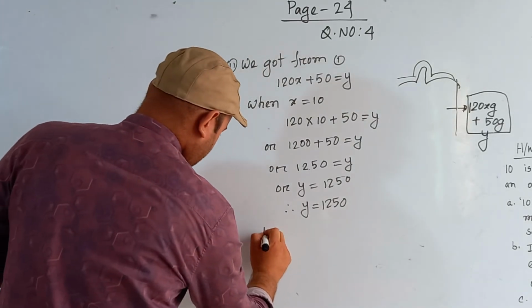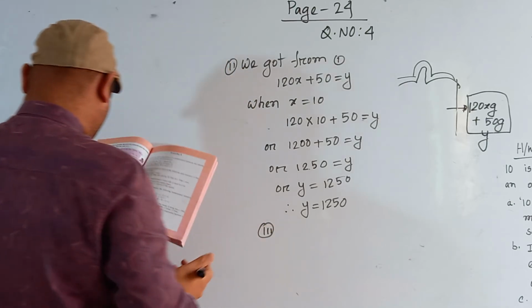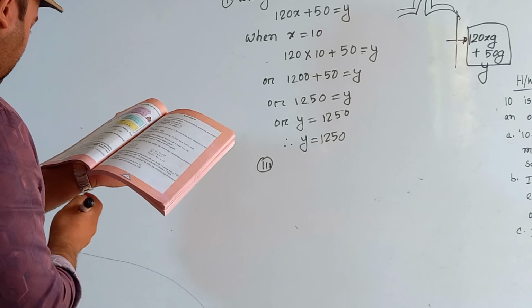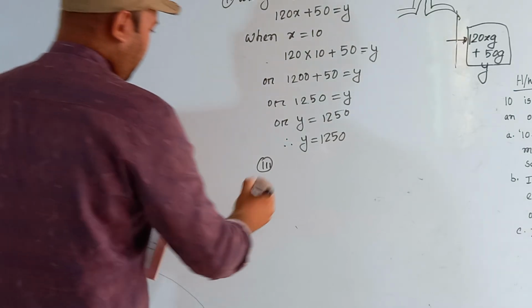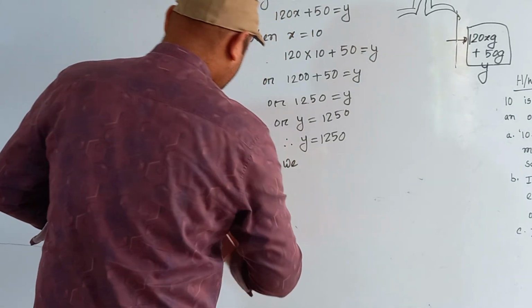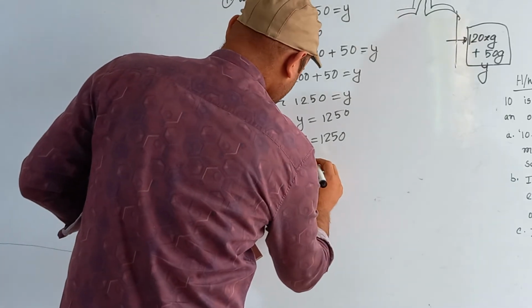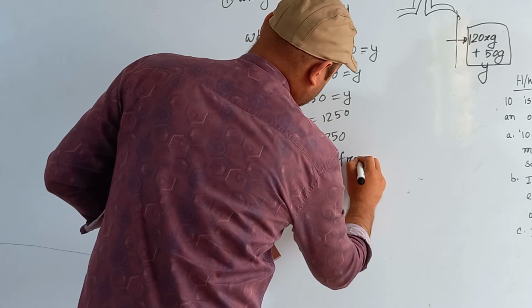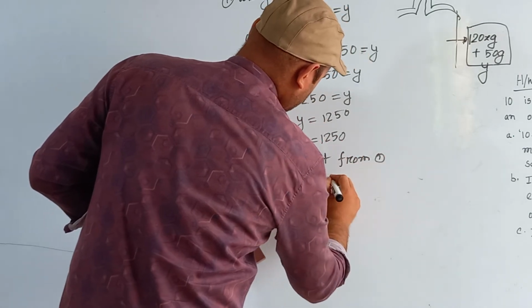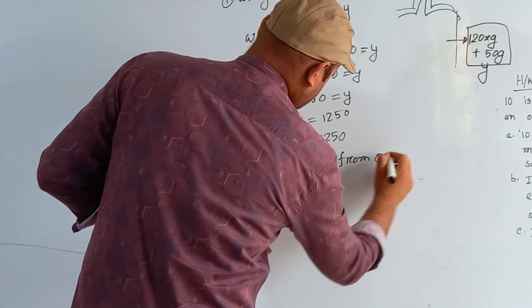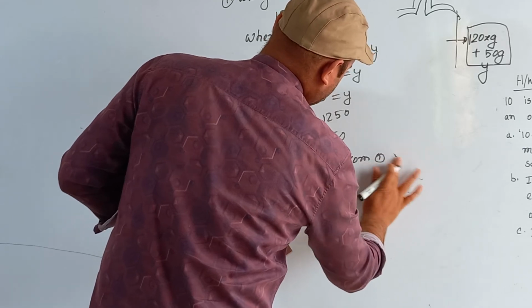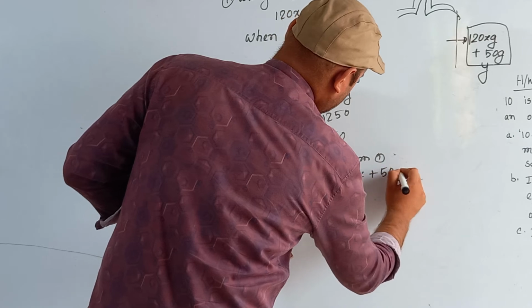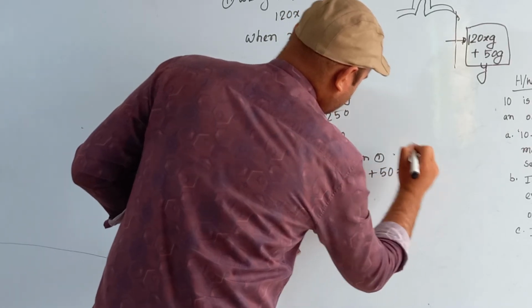Now number 3, find the value of x when y is 770. Therefore we can again write, we got from 120x plus 50 is equal to y.